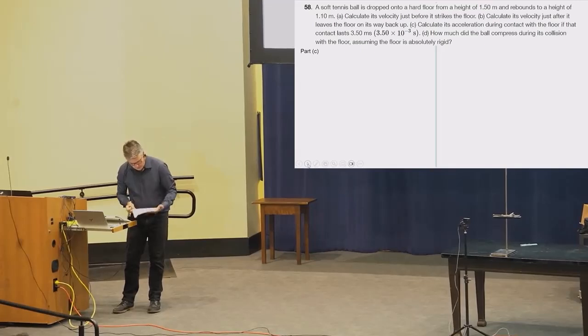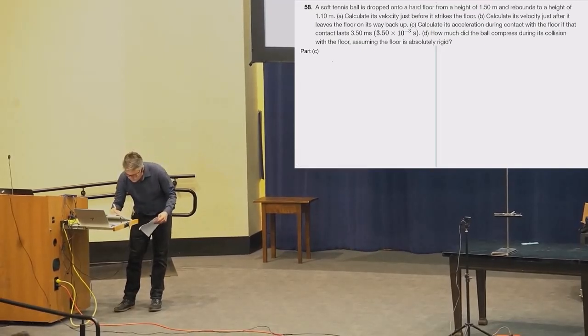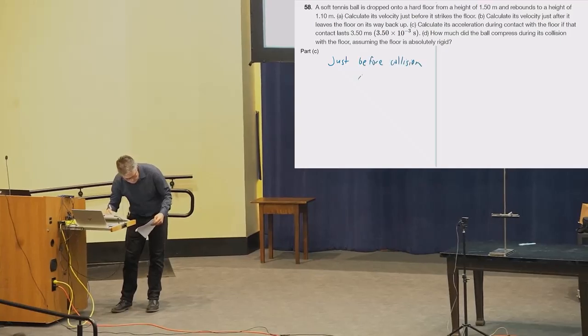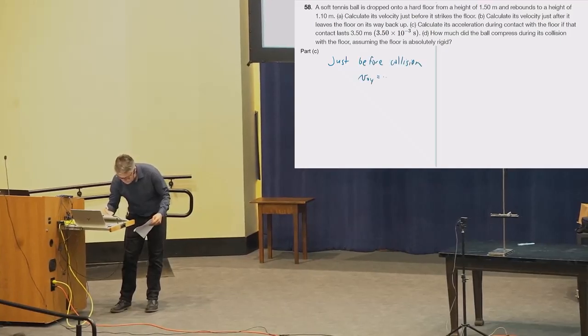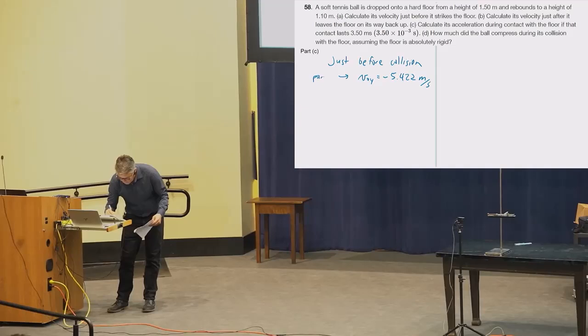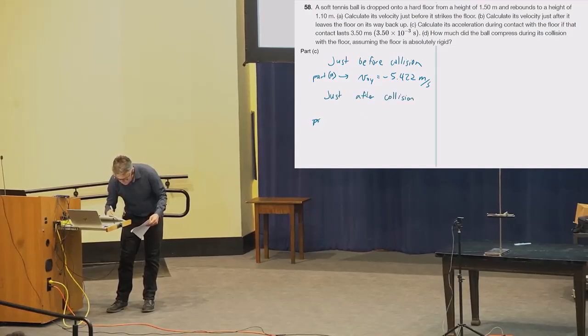You've got, I guess, just before the collision, I would say that maybe V0y is negative 5.422 meters per second. This is from part A. So we use our result from part A, and then just after the collision, you've got from part B, we just figured that out.